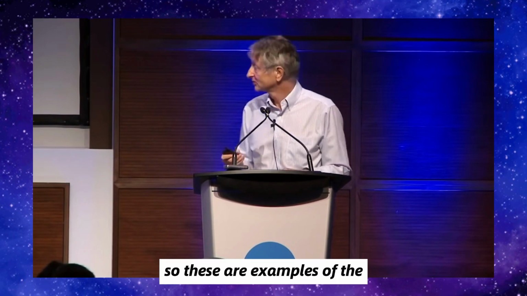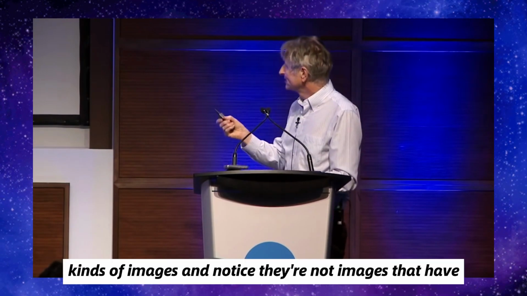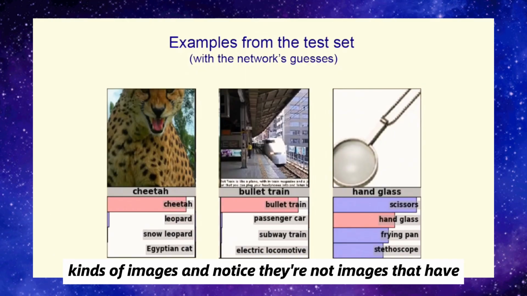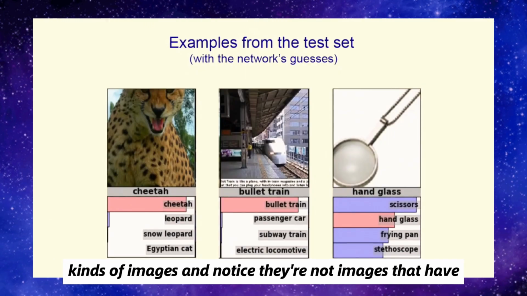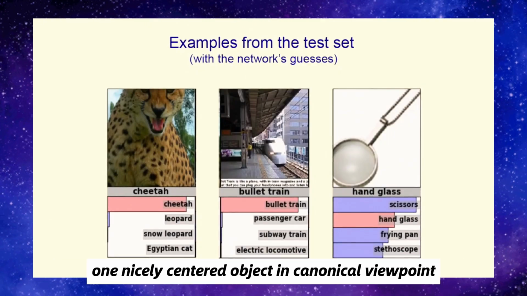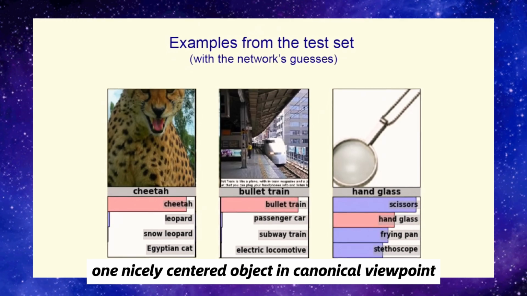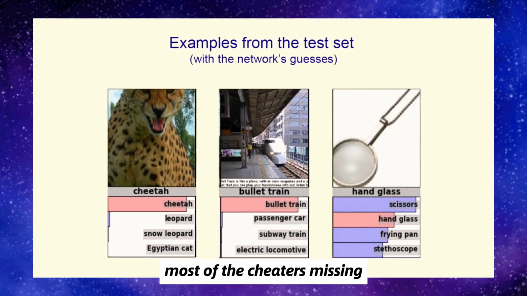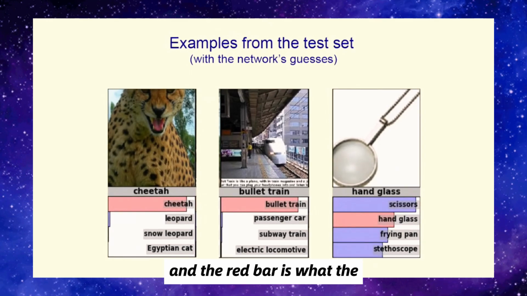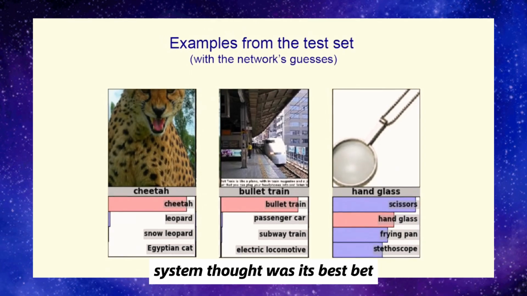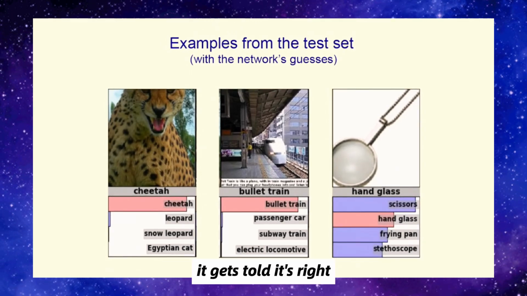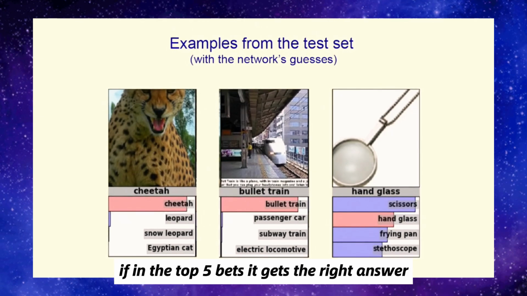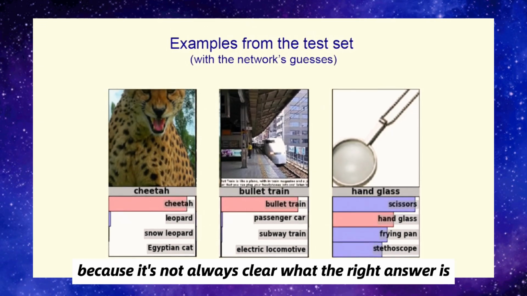So these are examples of the kinds of images. And notice they're not images that have one nicely centered object in canonical viewpoint. Most of the cheat is missing. The red bar is what the system thought was its best bet. It gets told it's right if in the top 5 bets it gets the right answer, because it's not always clear what the right answer is.